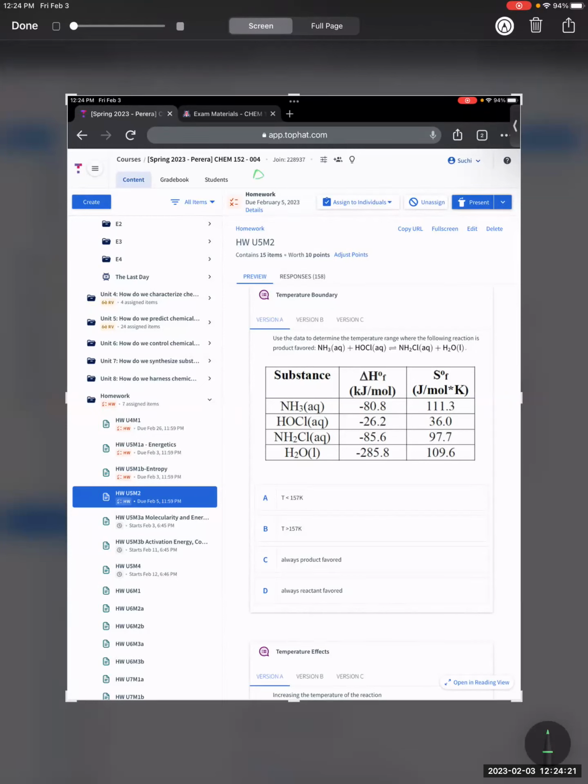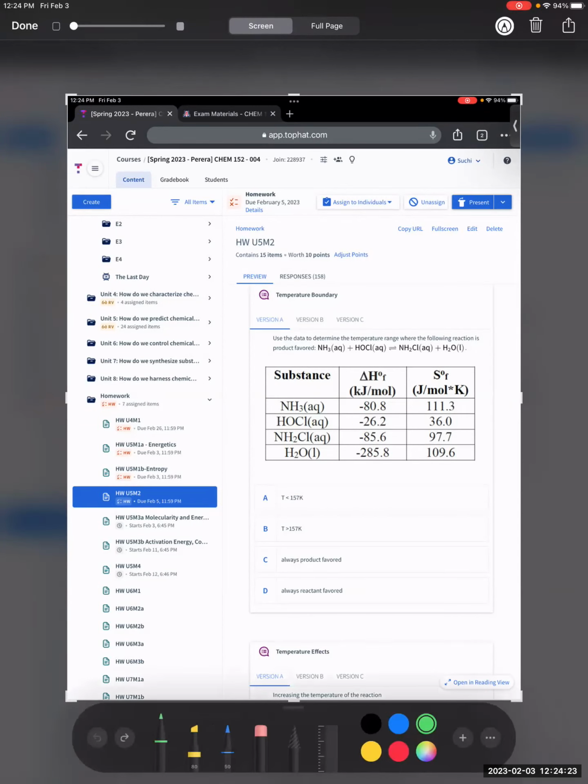Let me use a different pen. So our delta G reaction is minus 286 kilojoules.